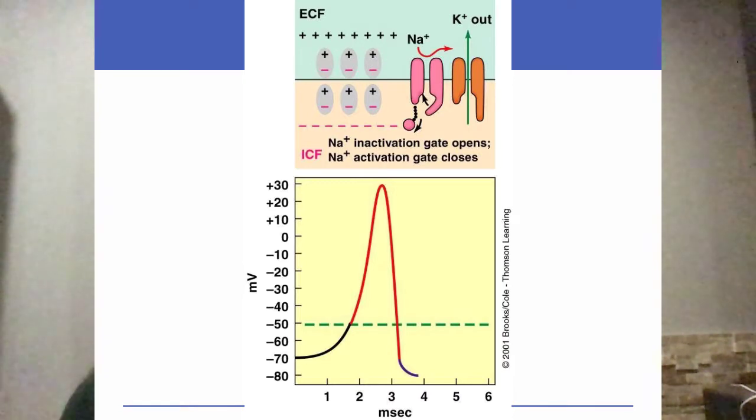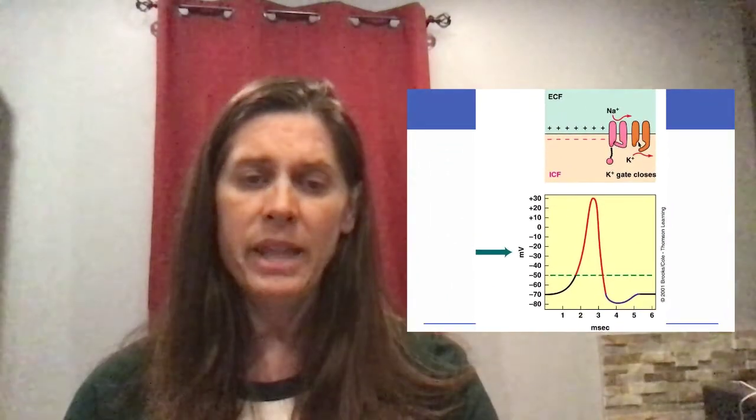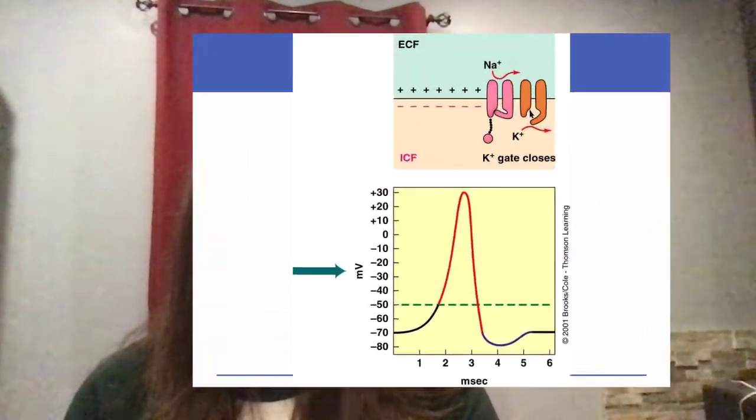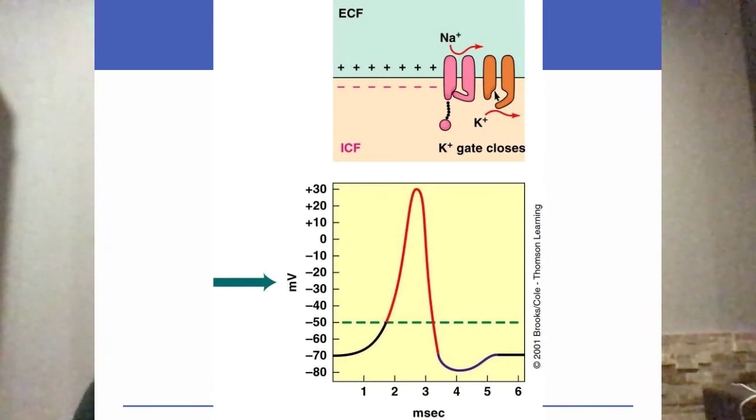You can see down at the bottom there, a little purple line, we're hyperpolarizing. We went past threshold. We're going to -80. And that's about the point where our potassium voltage-gated channel is closing.